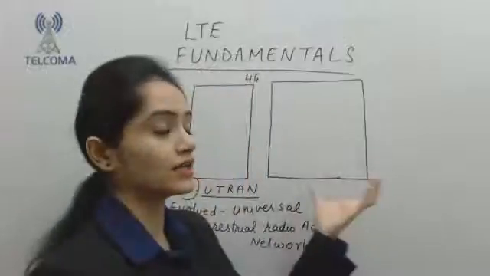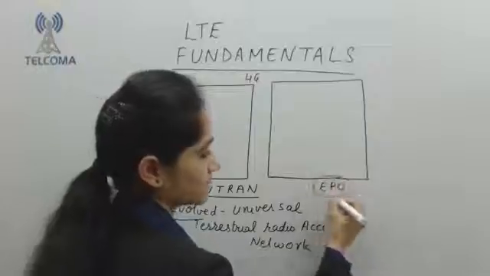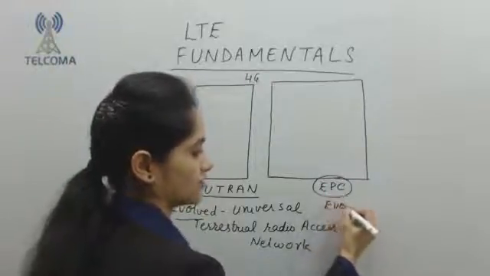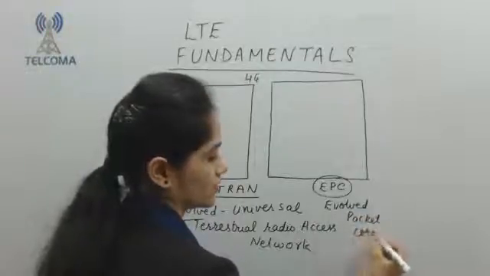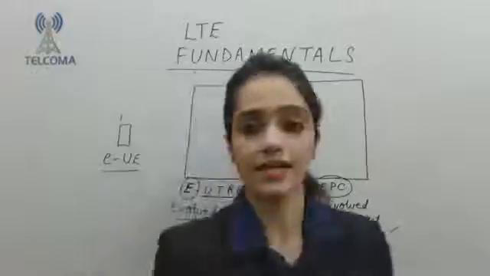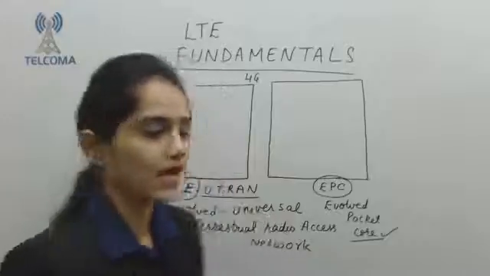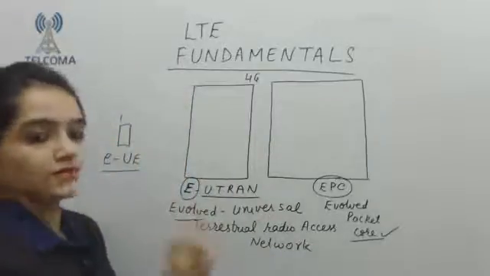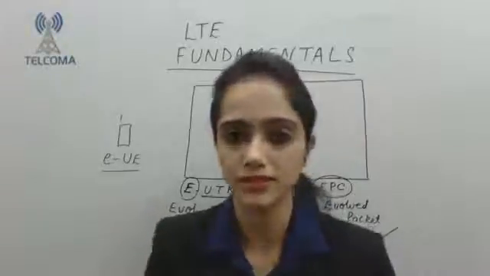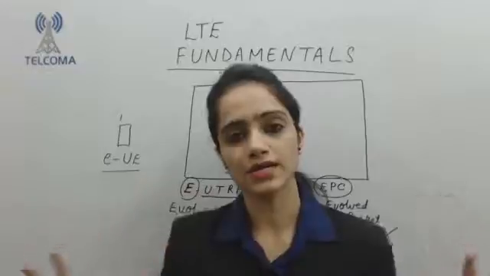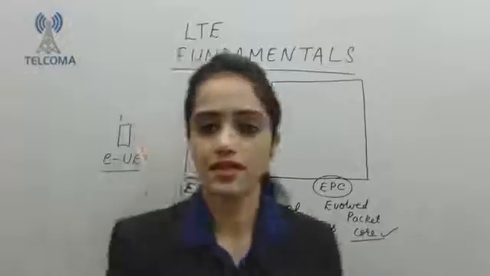So we have evolved a new core, and that new core is EPC, the evolved packet core network. So we have a new core network and a new RAN part in 4G. We are not using or upgrading any 2G and 3G part for the 4G cellular system. Every architecture node and every entity is evolved and new. That's why system architecture evolution.